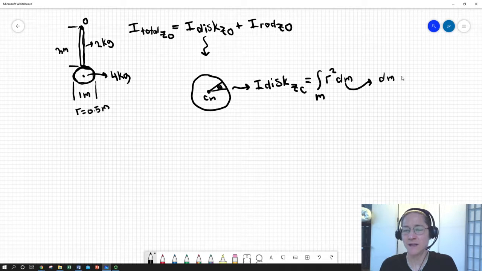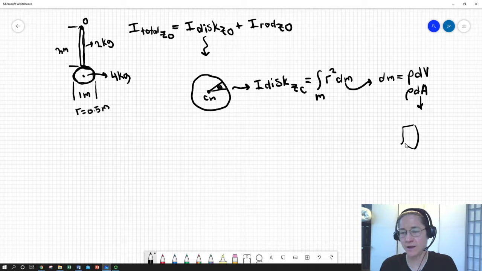We can say dm equals rho dV, which, given that we're in a 2D problem, is rho dA. And we can remember that the differential area for a circular element is r d theta dr.